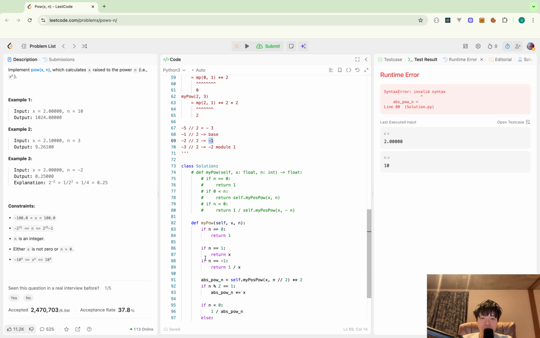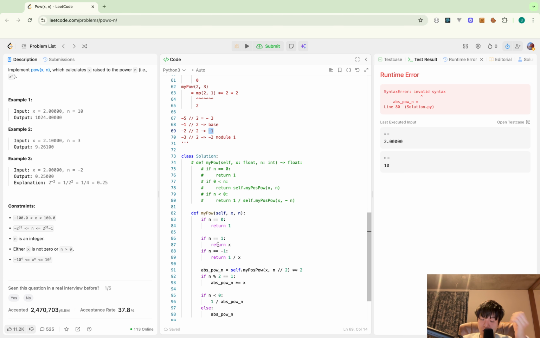So basically I can use this. Yeah, just right. I don't have to distinguish if n is negative or positive if I do this. But no, I have to distinguish here.